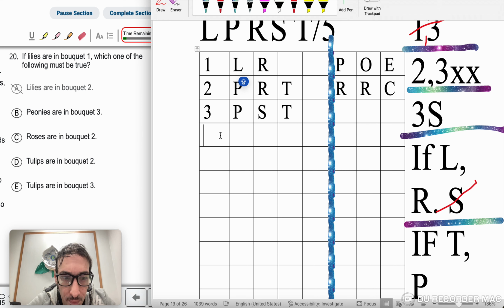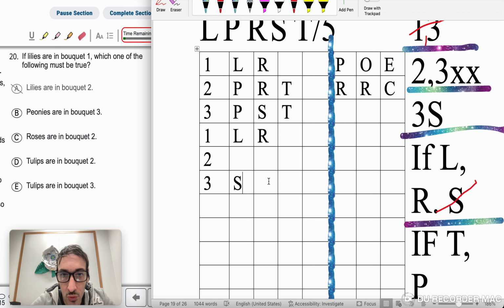So what I'm going to do right now is create a game piece that's similar, and I'm going to have the letter L with the R. I'm going to put L in bouquet 1, and then R must also be included, but not the letter S though. 1 and 3 cannot have the same kind, so right away I know that L and R cannot be in 3, so that puts the letter S in choice 3.